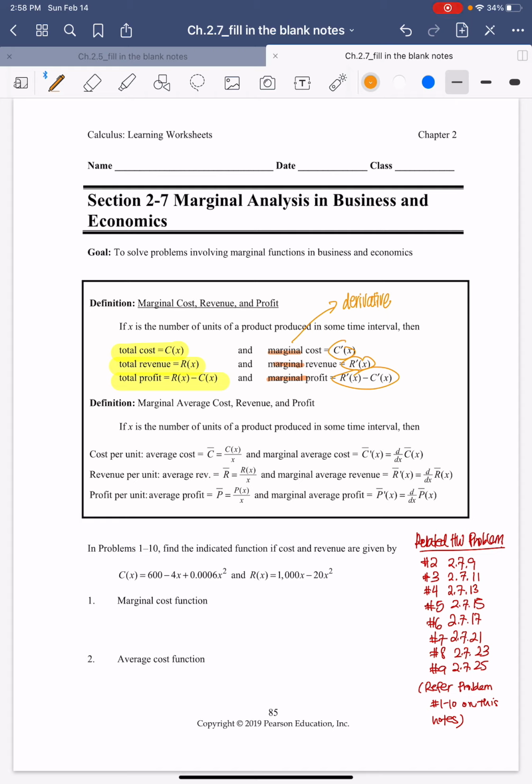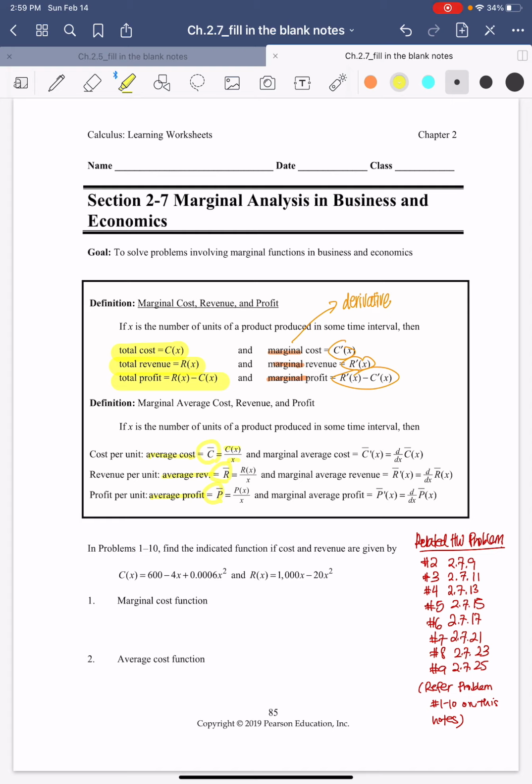Average is the same thing. You have average cost: how much on average does it cost to make something? Average revenue and average profit. And we use this bar: C bar, R bar, P bar. That's very simple. Think about this. When you are trying to find the average of something, what do you do? You take the total function, total C of x, and divide it by the number of units.